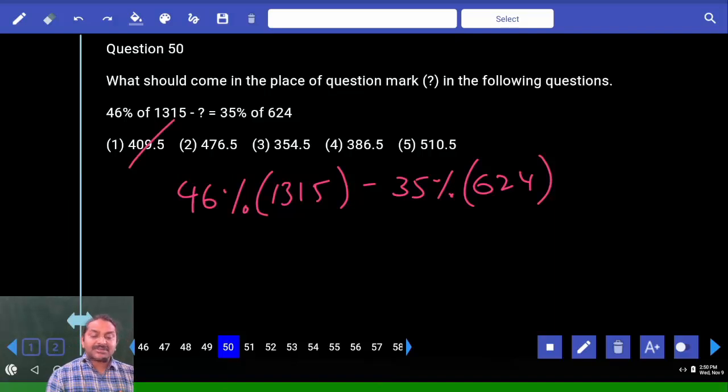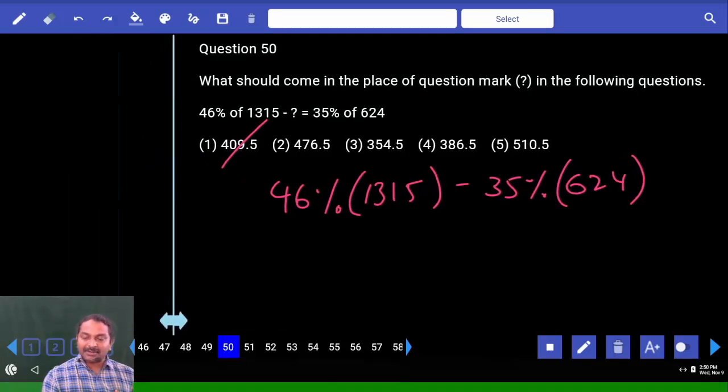Multiple options are there. Nothing can be done. No multiplication rules and all. We have to calculate. Come on.